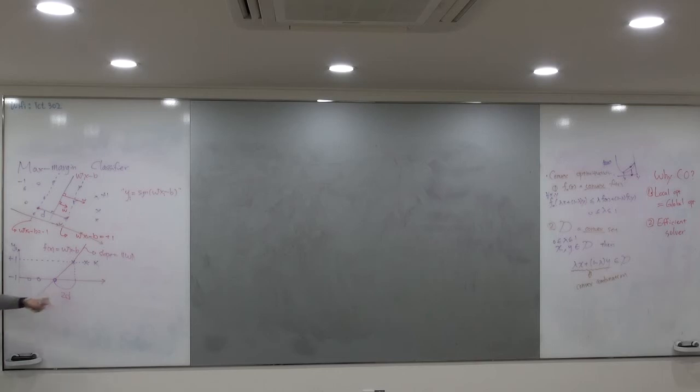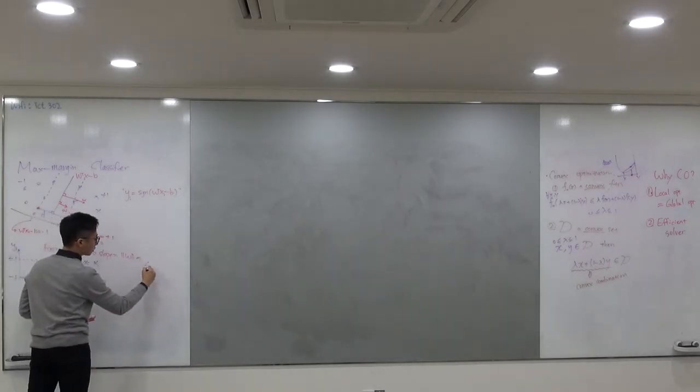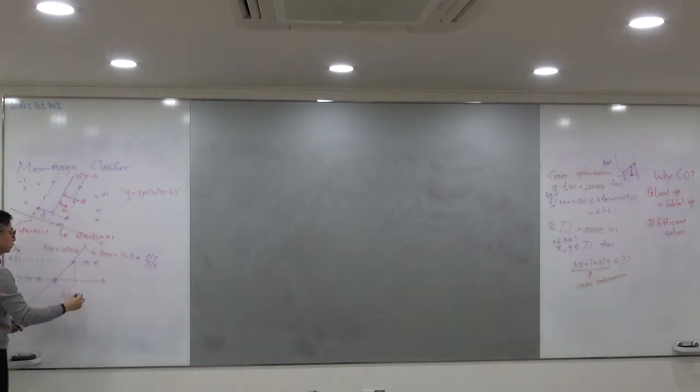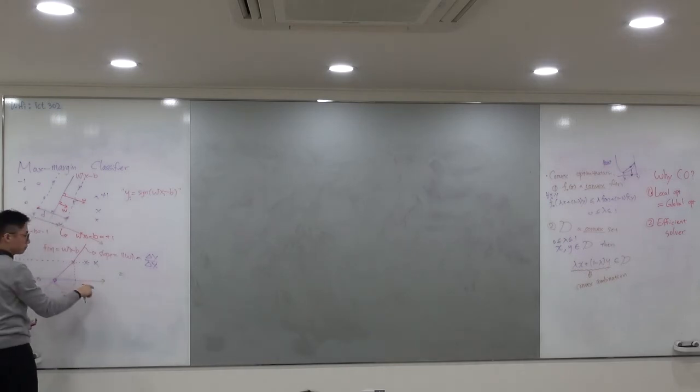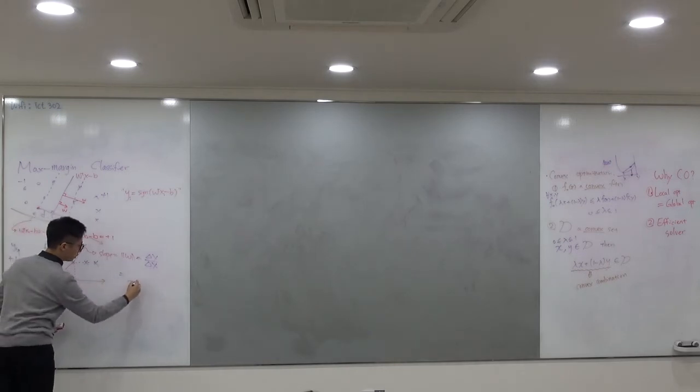The margin we want to find is here. We can do a trick with this. The definition of slope is the y increment over the x increment, so we can just inspect this triangle. The x increment is twice the margin, so 2D.